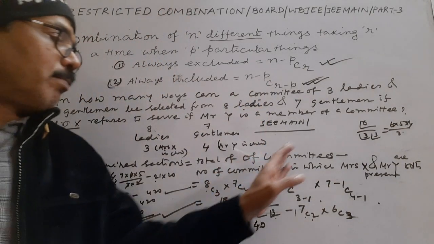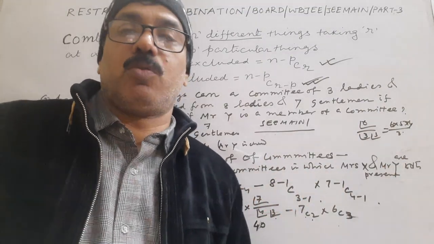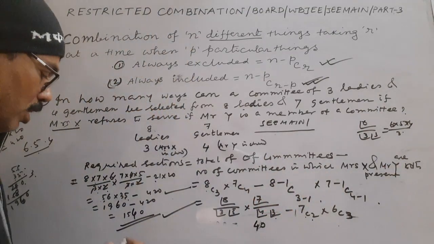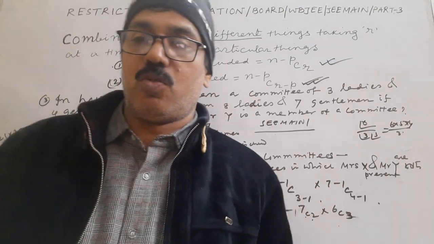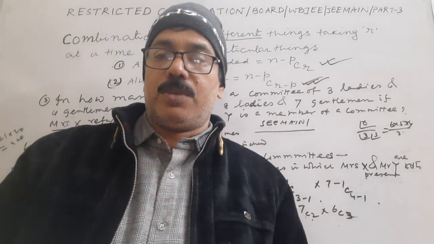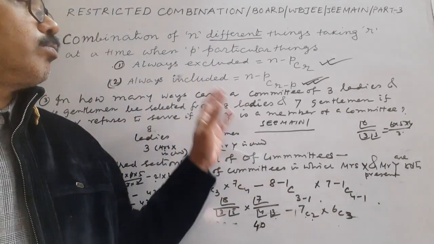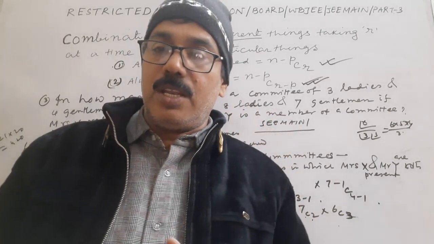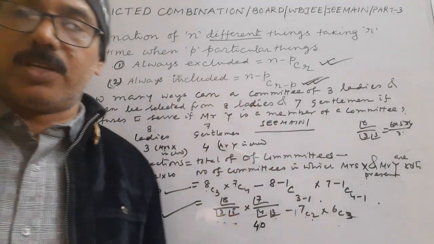So total number of committees minus the number of committees in which both are present. So 1540 committees. So today, through this video, I have solved three important problems of restricted combination.